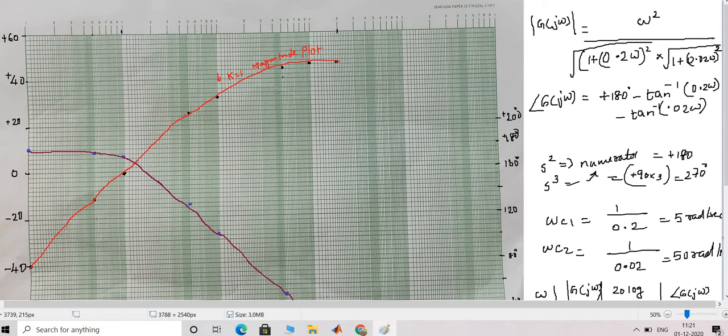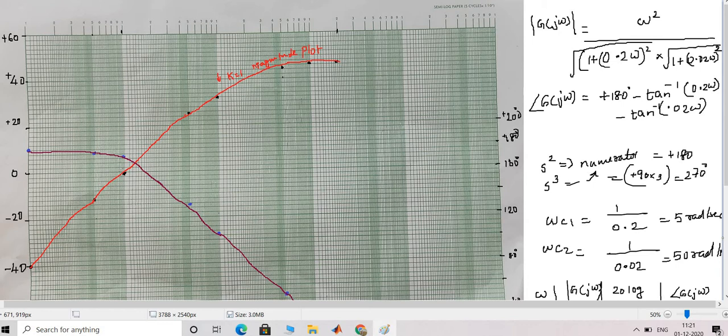So here the magnitude plot crosses the 0 dB line at this frequency. When k is equal to 1, when we have plotted the magnitude plot, it crosses the 0 dB line at omega is 1 radian per second.